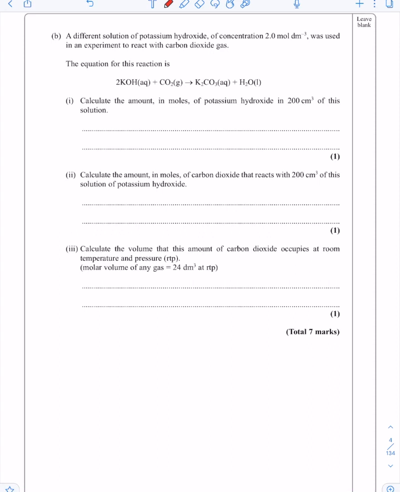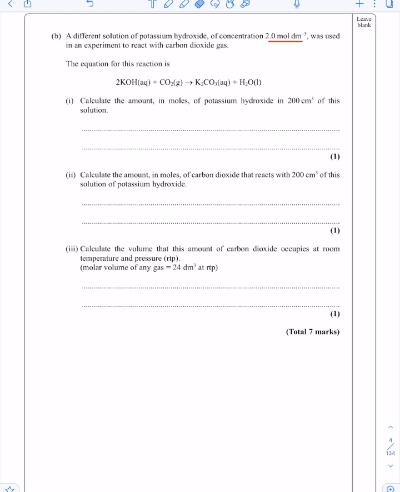Question B. A different solution of potassium hydroxide of concentration 2 mole per cubic decimeter was used in an experiment to react with carbon dioxide. The equation for this reaction is 2 potassium hydroxide plus carbon dioxide gives potassium carbonate plus water.